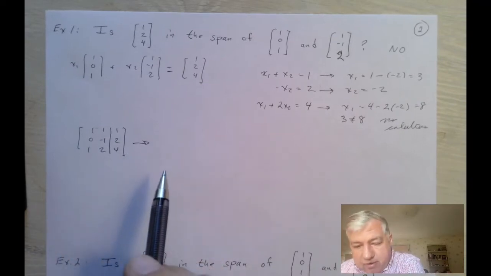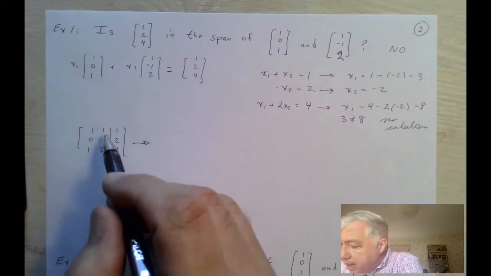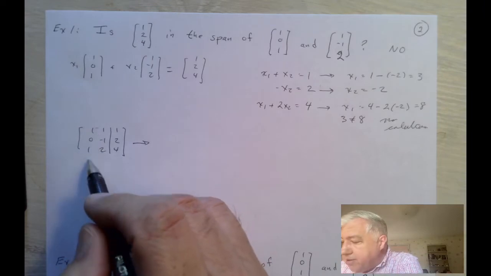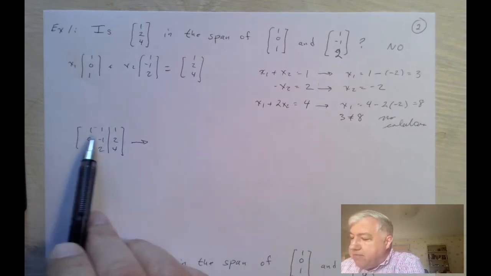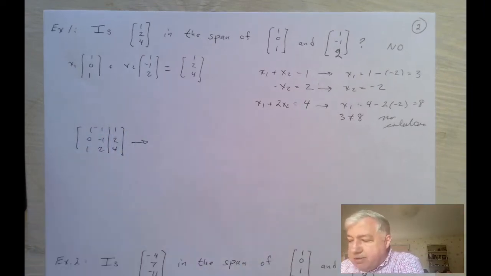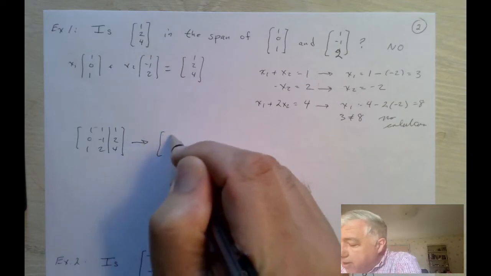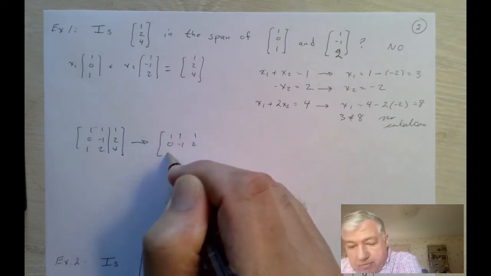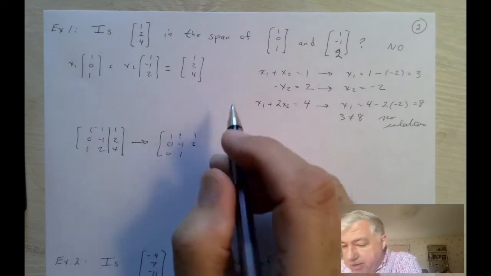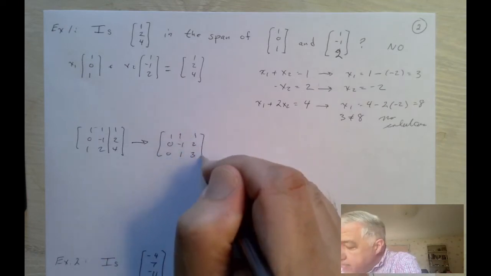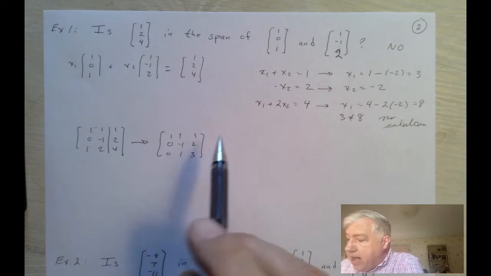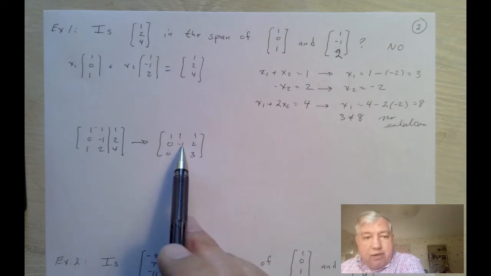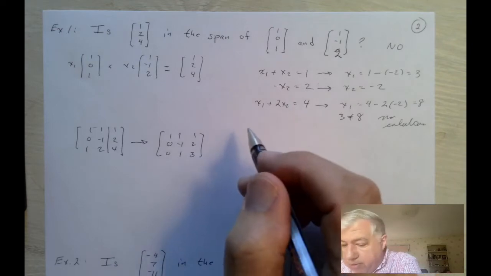Using elementary row operations, it's not too hard to put this in reduced row echelon form. There's already a 1 here and a 0 here. We can multiply the first row by negative 1 and add it to the third row, and we get 1, 1, 1, 0, negative 1, 2, and then 0, 1, 3. Then we can add the second row to the first and the second row to the third.